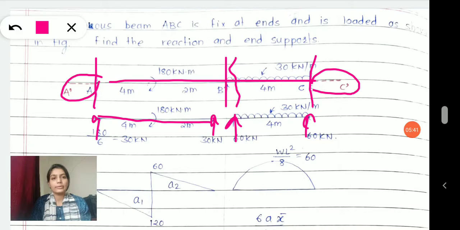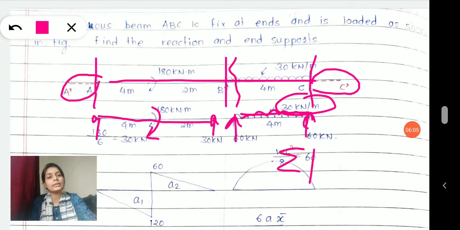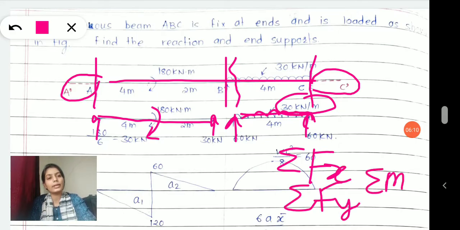Now in this system you can see in the first span I have a couple or moment acting with a magnitude of 180 kilonewton meter, whereas in the second span you have a uniformly distributed load of intensity 30 kilonewton per meter, right? In this beam I will first of all calculate reactions. How? With the equilibrium equations: summation Fx, summation Fy, and summation of moment at a particular point equals 0. We will take the help of these equilibrium equations and solve for the reactions.